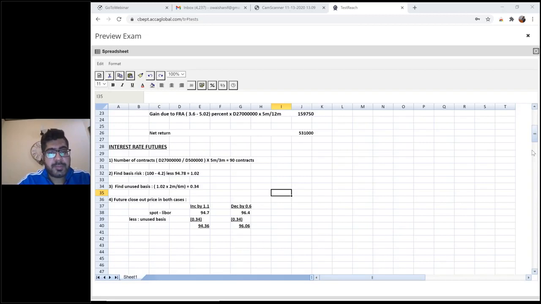So extra months is basically you are depositing on 31st Jan, but you took a future of 30th March, so 2 extra months. Total months is from today's date till the future date. Today's date is 1st October and you took a future of 31st March, so you counted it 6 months.